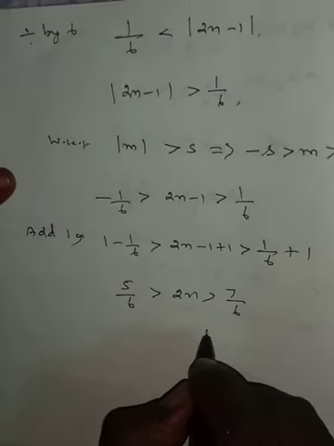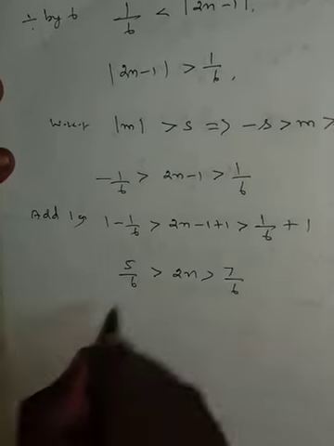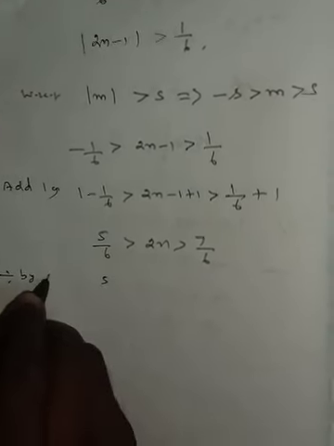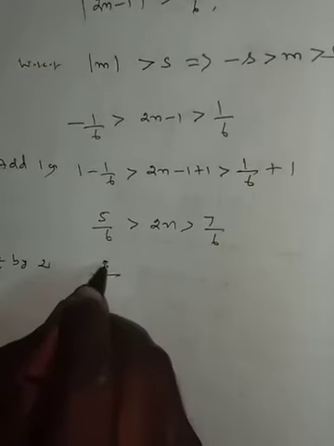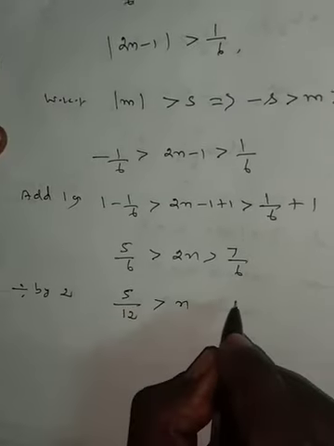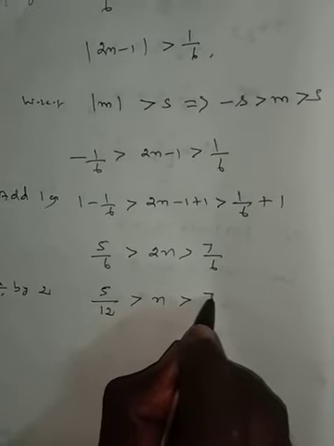Now divide by 2. We have 5 by 12 greater than x greater than 7 by 12.